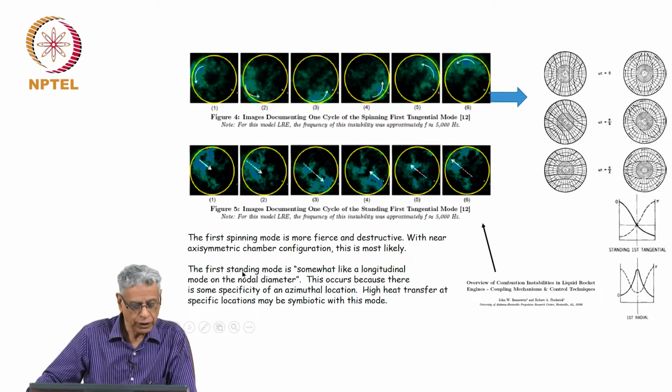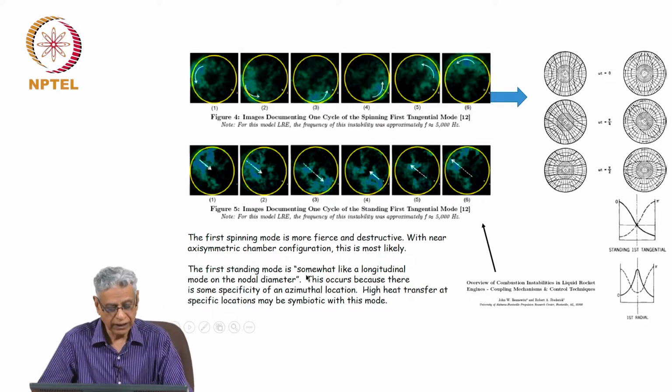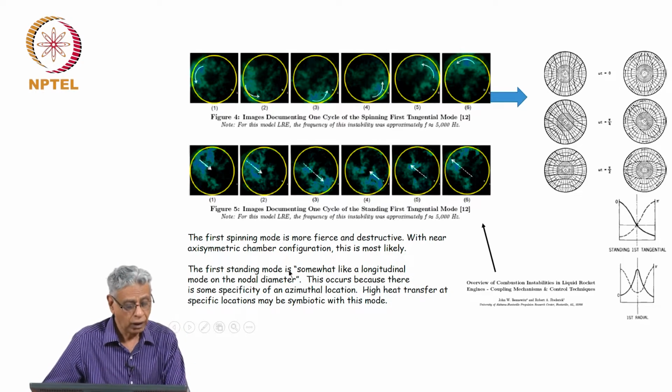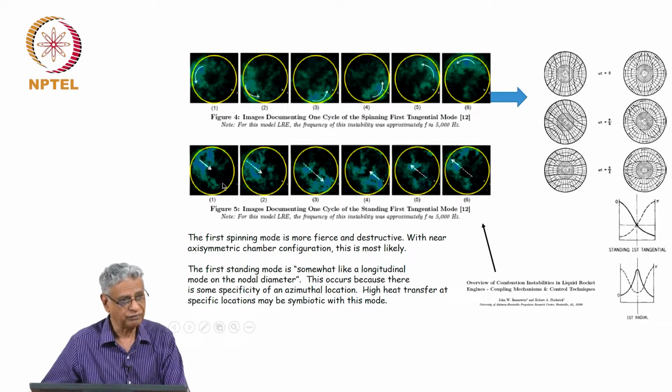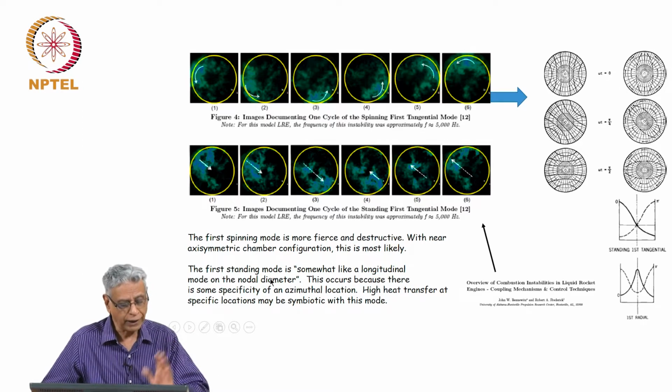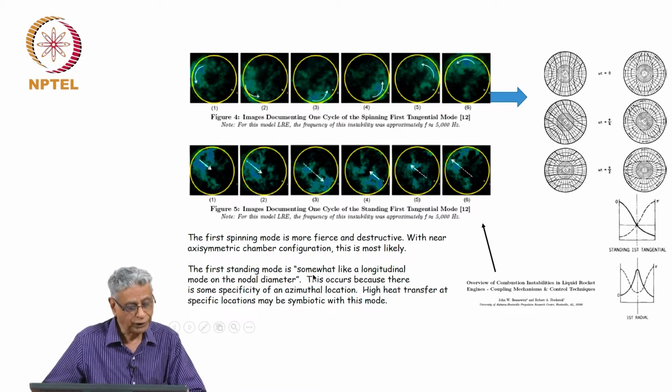Now, as I mentioned here, the standing mode is somewhat like the longitudinal mode, but in the nodal direction. Longitudinal mode in a rocket engine would be in the axial direction to the nozzle, but the tangential mode, which is a standing mode, is somewhat like the longitudinal mode, because you will find it moving radially across.